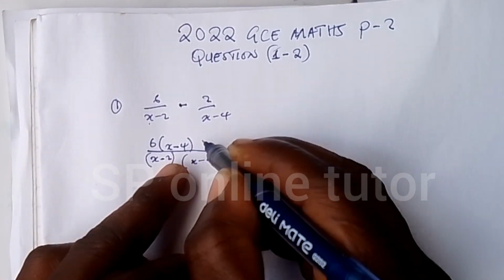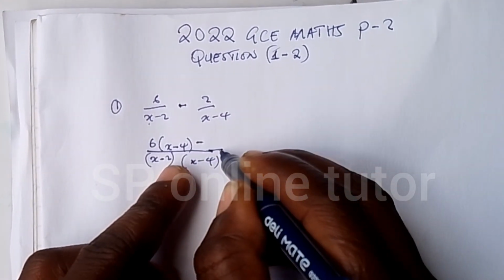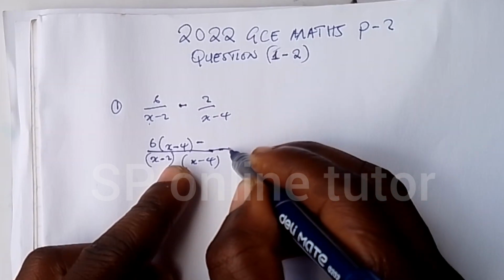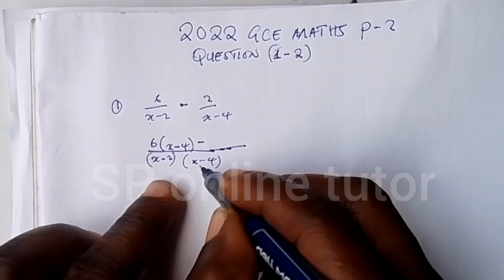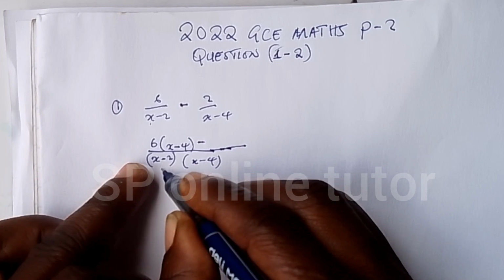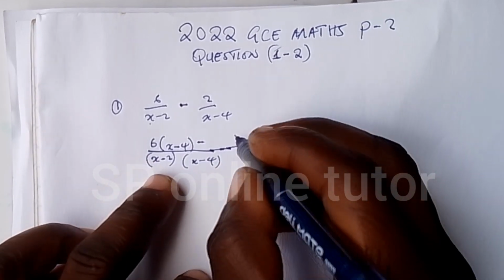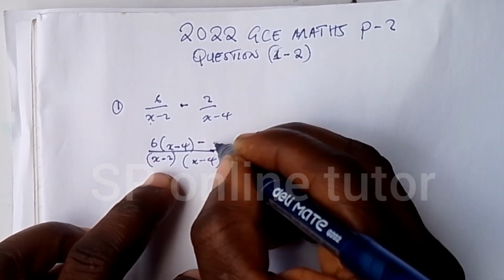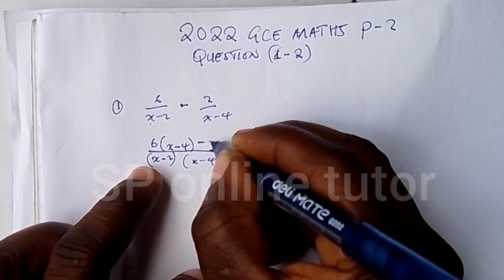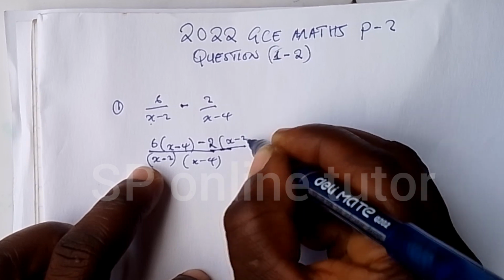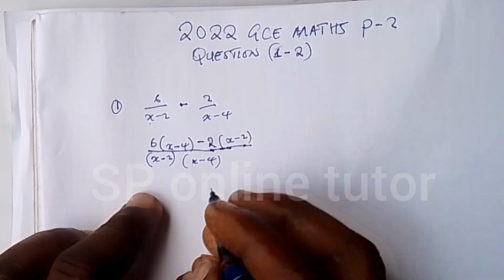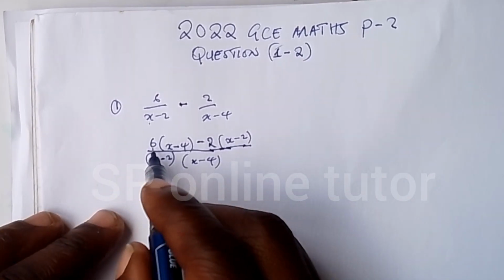You write this negative here, which is at the middle. Then x minus 4 into x minus 4, we are going to remain with x minus 2. So we take x minus 2 times 2, we are going to say 2 open bracket, x minus 2, okay? Then let's expand now.